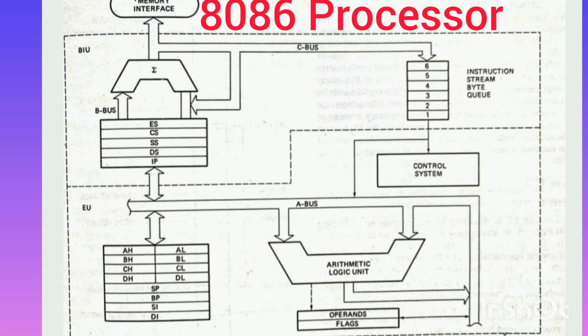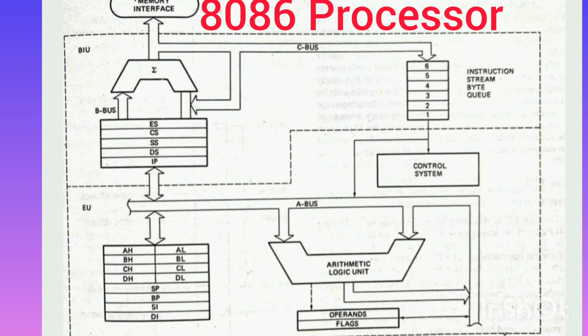Bus Interface Unit. The Bus Interface Unit sends out addresses, fetches instructions from memory, reads data from ports and memory, and writes data to ports and memory. That is, the bus interface unit handles all transfers of data and addresses on the buses for the execution unit.